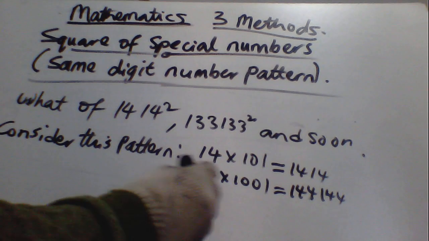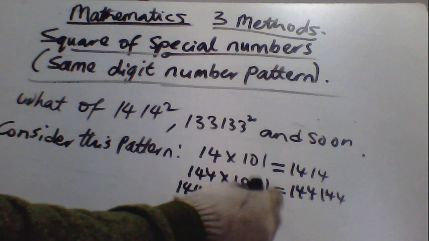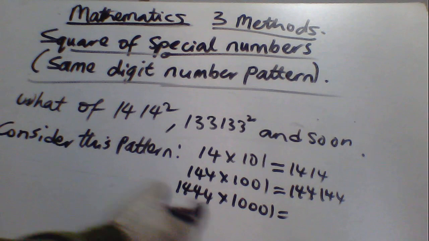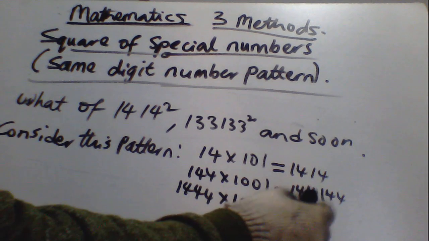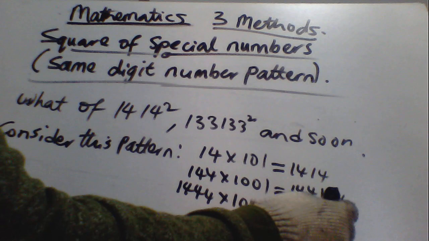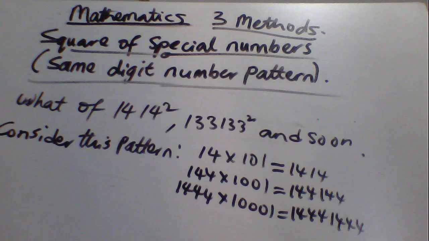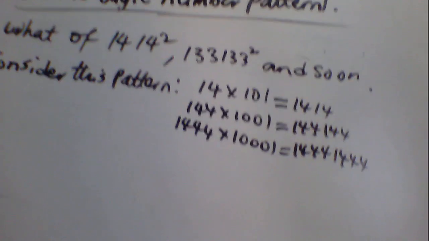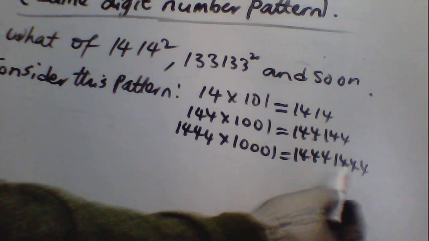So what of 1444 times 10001? The pattern is the same. See, they are the same. So you have 14441444. The same number is repeating itself in one number.